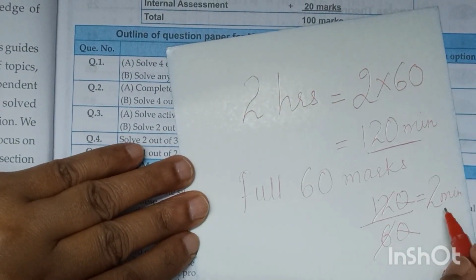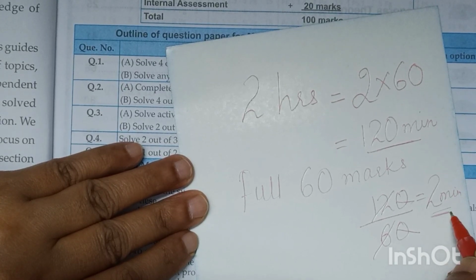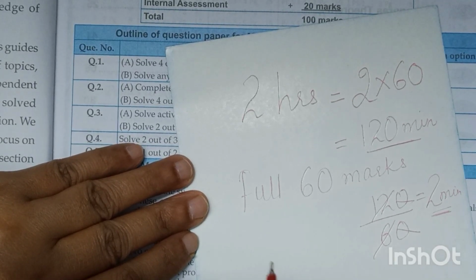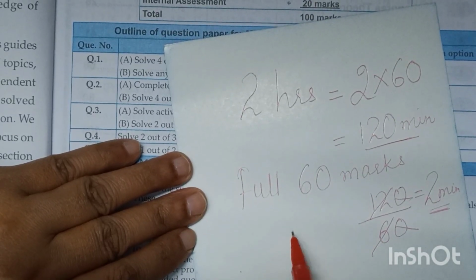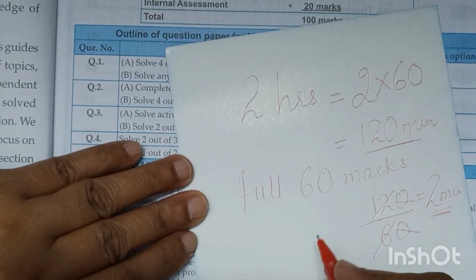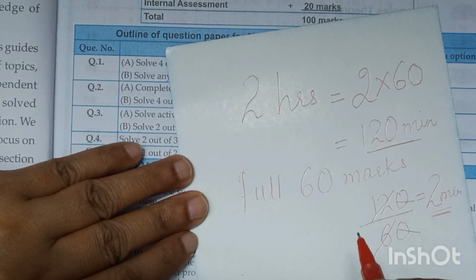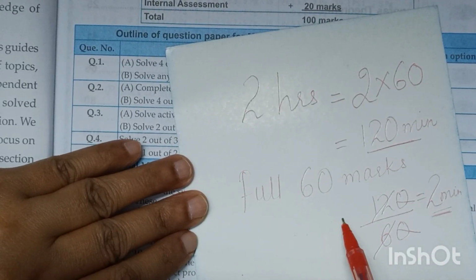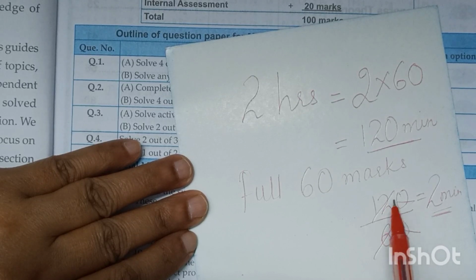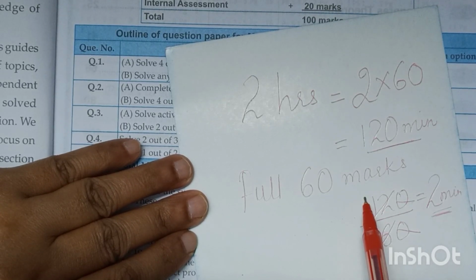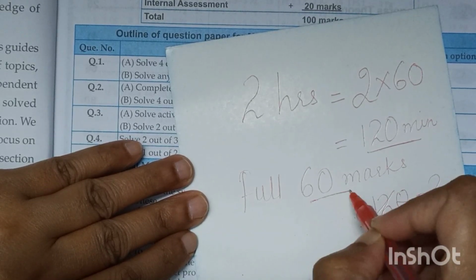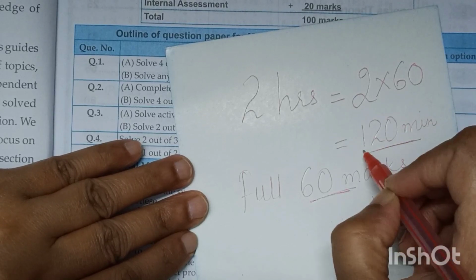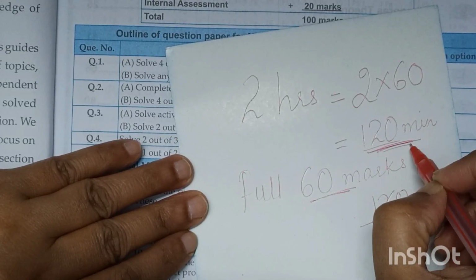So a 1 mark question has to be solved within 2 minutes because you have to draw the diagram as well as the lines, fill in the details about your supplements, and even stick the holocraft also. So my suggestion is that try to solve the 60 marks paper within 2 hours, that is 120 minutes.